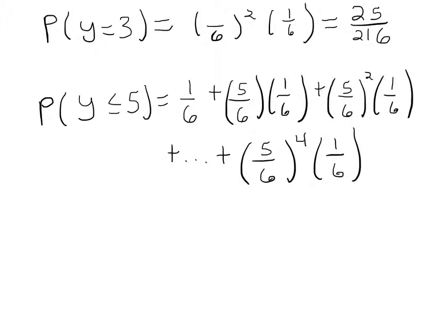Now, thankfully, there's a nice way to do this on the calculator. Instead of adding up all these individual probabilities, evaluating this long string on the calculator, we could just do a geometric CDF, which is going to be p, comma, the number that you want to end at.